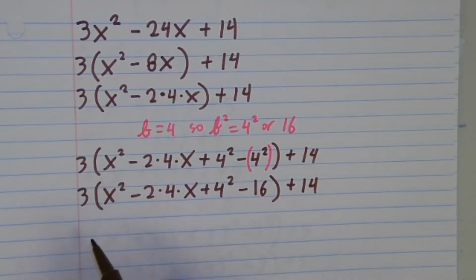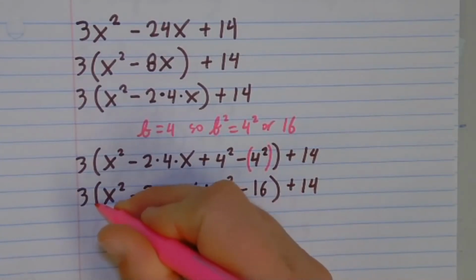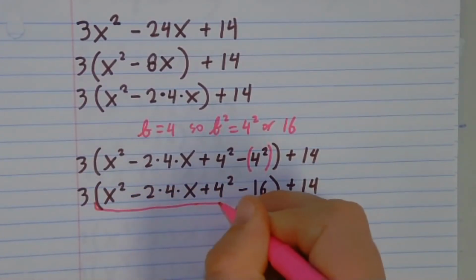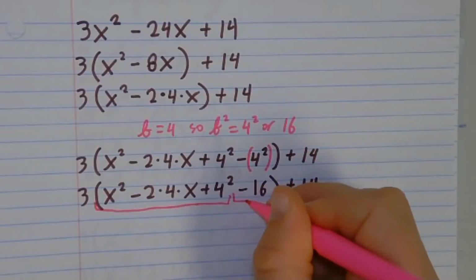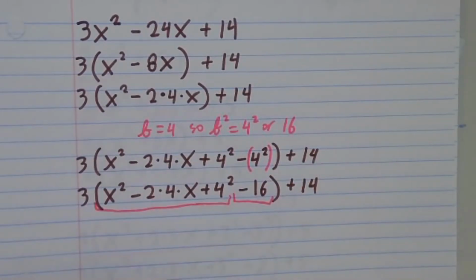Now I'll do that same partial use of the distributive property I did last time, where this chunk gets to stay, this chunk gets distributed away.